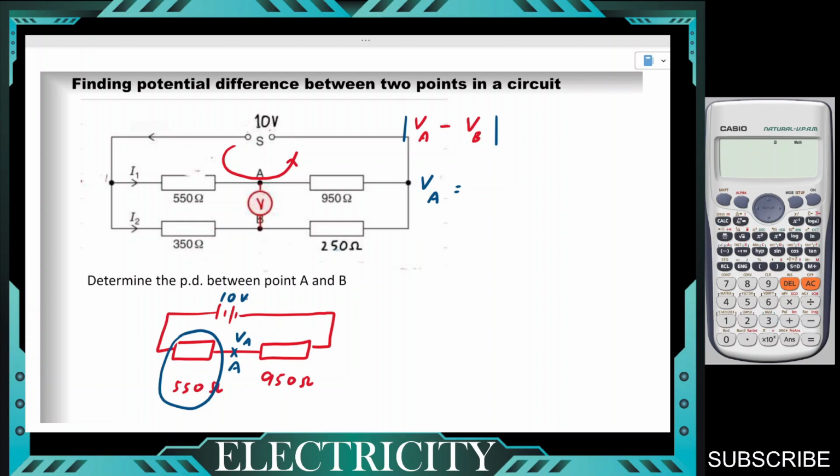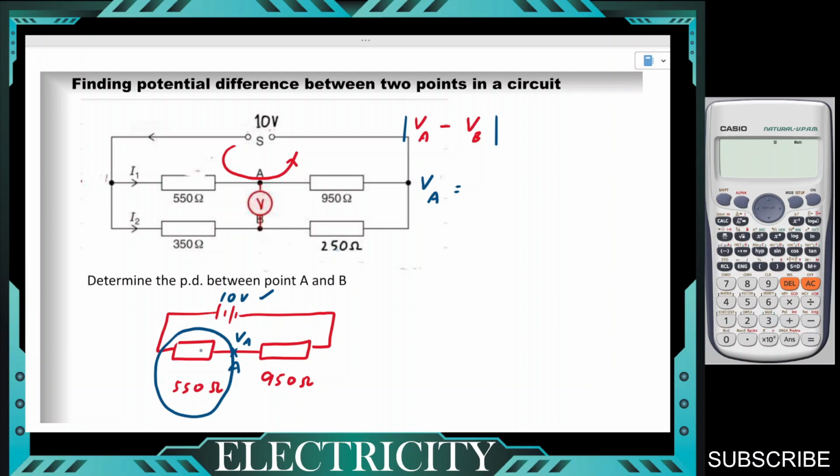So what I'm saying is, as you can see, the total voltage is 10 volts. And let's say across this resistor, some of the voltage has been dropped, some of the voltage has been lost across this resistor.